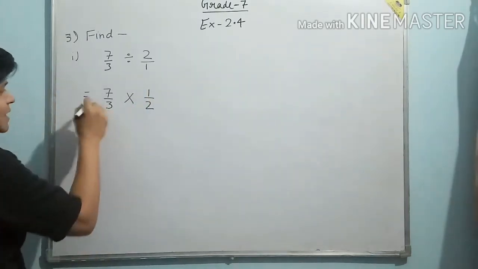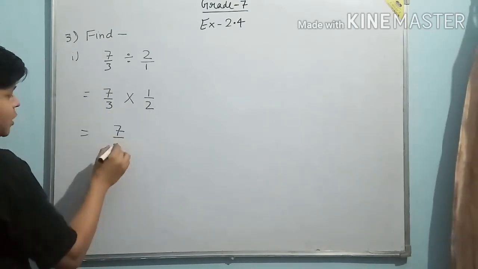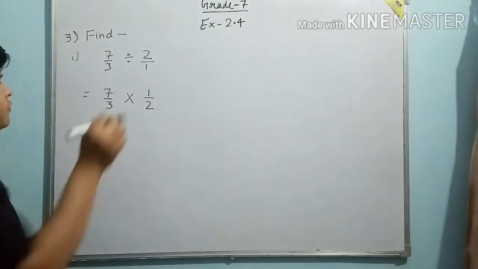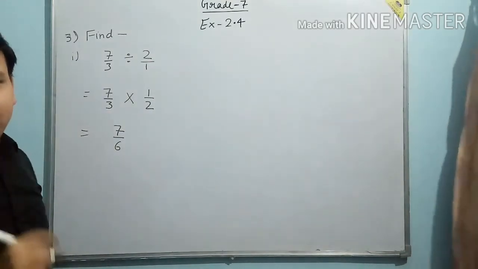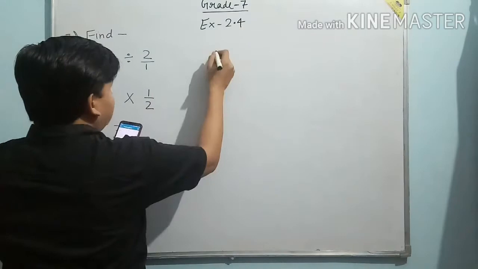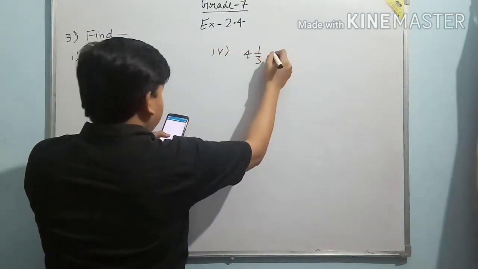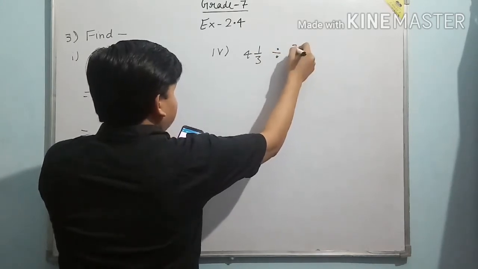Now let's multiply simply. 7 into 1 is 7, and 3 multiply 2 is 6. If you want, you can also write the answer as an improper number. Similarly, the fourth part of this question is 4, 1 upon 3 divided by 3.